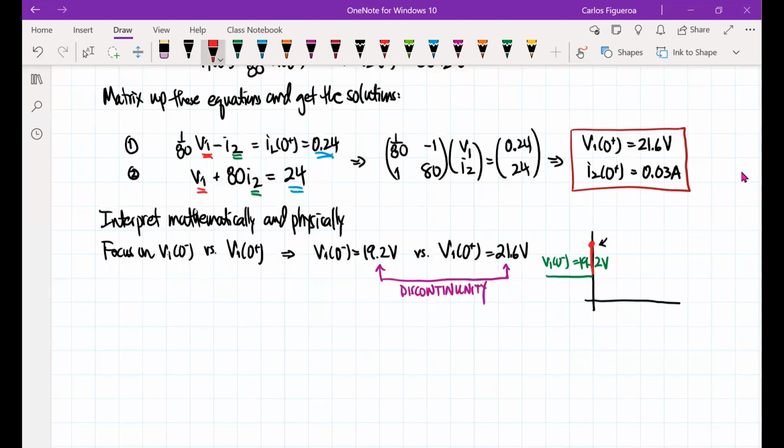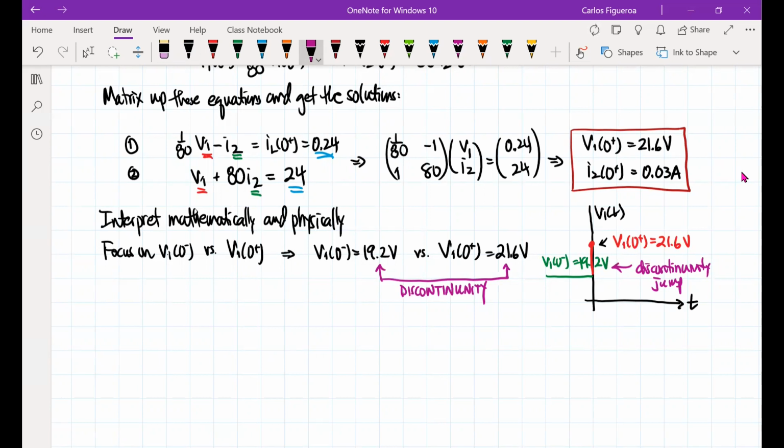This guy is V1 of 0 plus, and that's 21.6 volts. So as expected with the resistor, there's a discontinuity, a jump in the voltage V1.